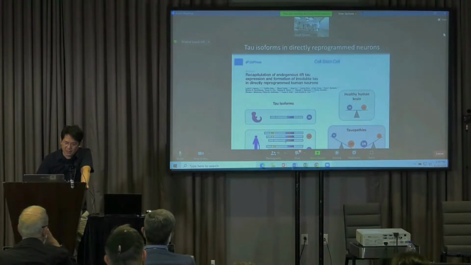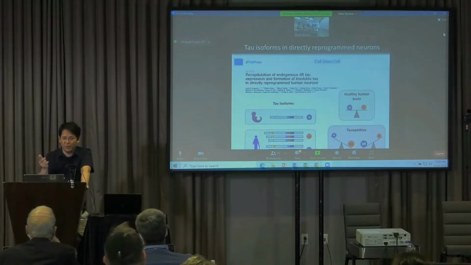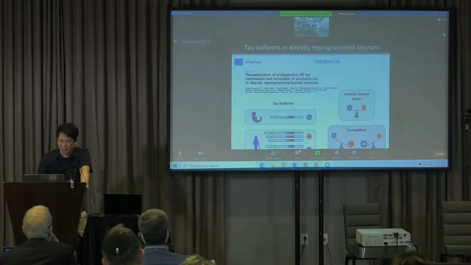The red exon here corresponds to exon 10. The inclusion of exon 10 defines tau to be 4R. In a healthy adult brain, there's a fine balance between 3R and 4R at a 1-to-1 ratio, and disturbance of that ratio can be pretty pathogenic.